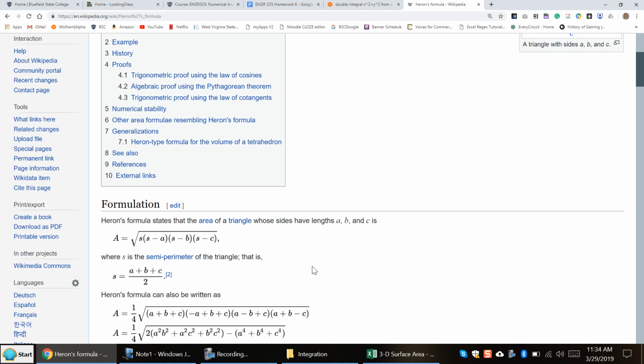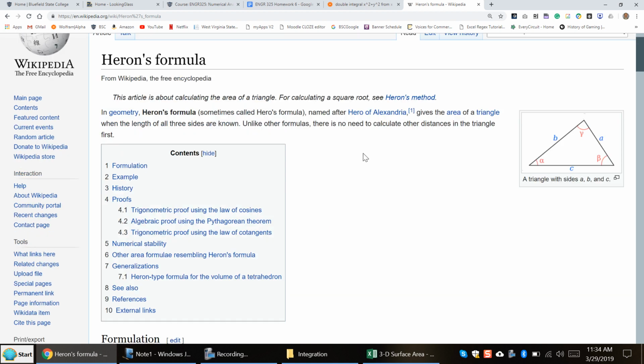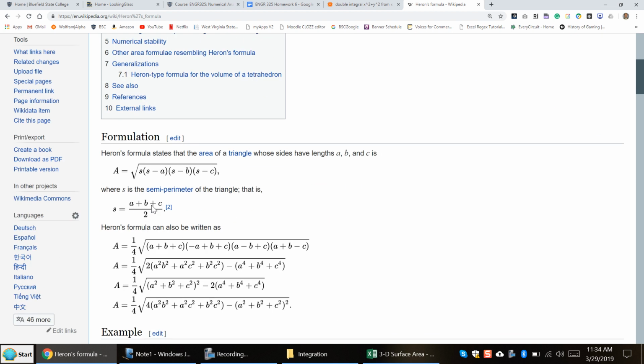The way you calculate it is if you know sides A, B, and C, you simply add up the sides A, B, and C, and divide by 2. This gives you what's called the semi-perimeter of the triangle. So if you were to go around the triangle, calculate the perimeter, this is basically that perimeter divided by 2.